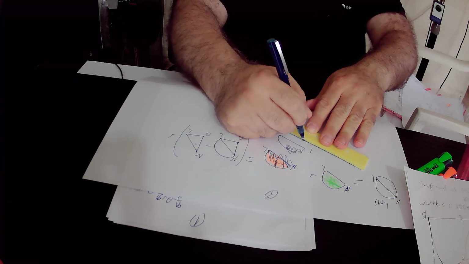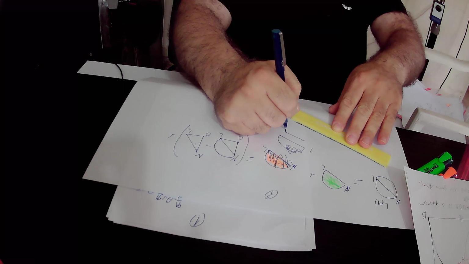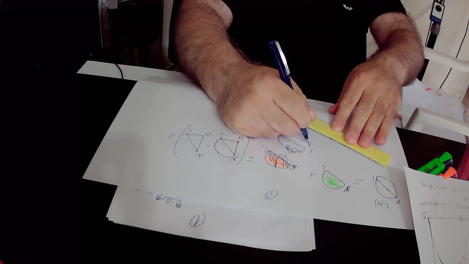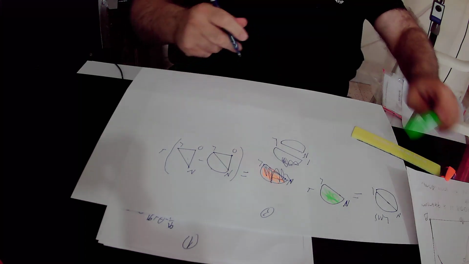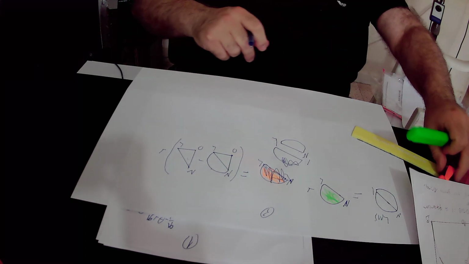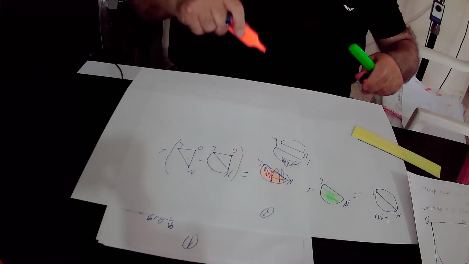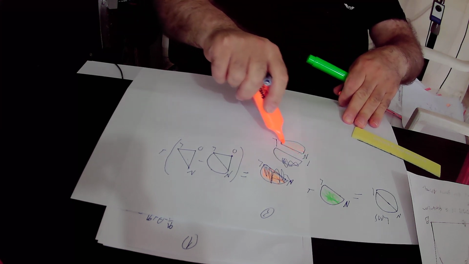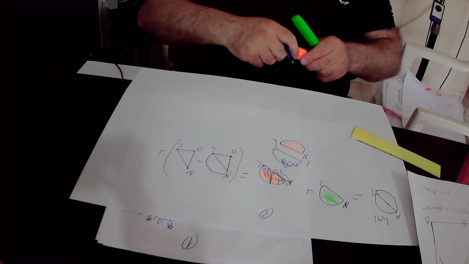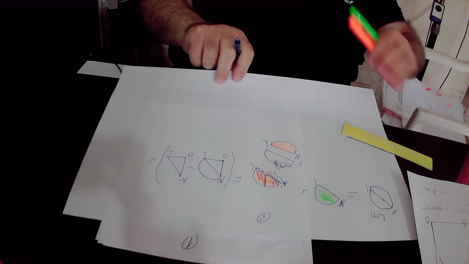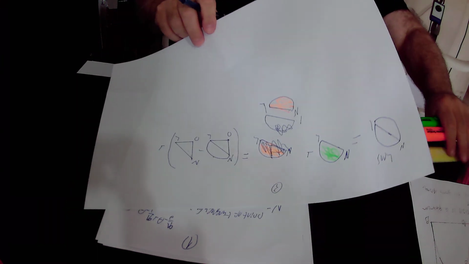This is the lower circular segment NL. Okay, so we have to add the area of the lower circular segment here.